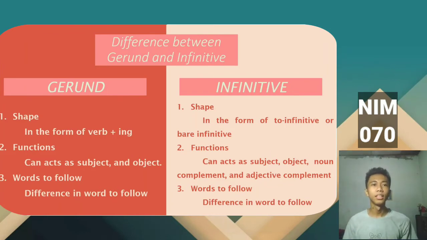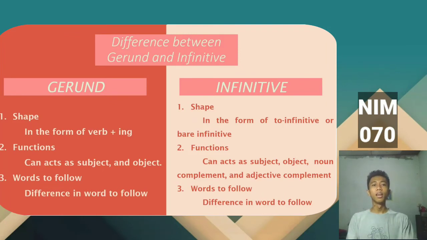The third difference is the word to follow. As we mentioned earlier, there are some words that must be followed by gerund, and there are also some words that must be followed by infinitive. Those words are generally different. But there are some words that can be followed by both gerund and infinitive, such as remember.